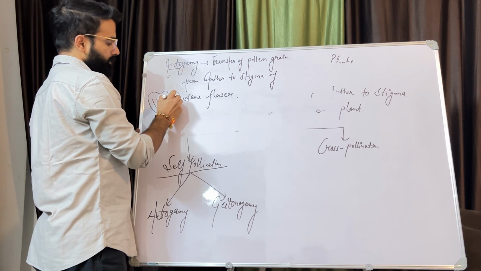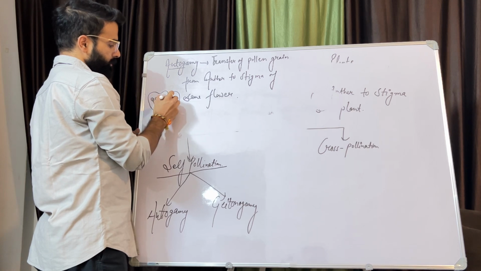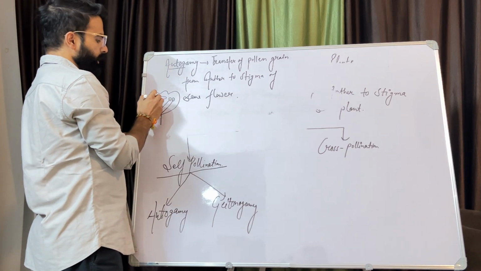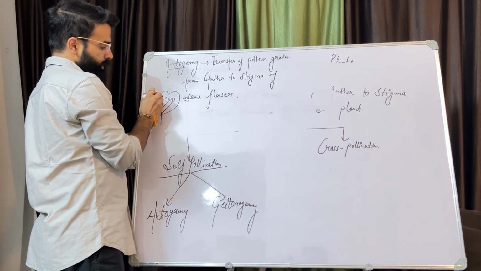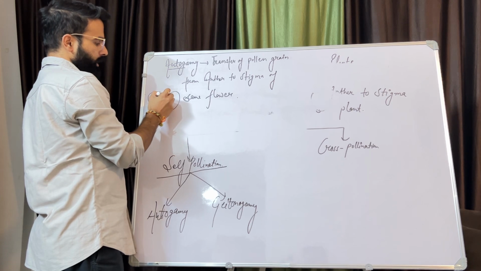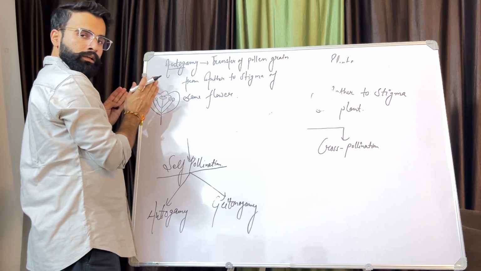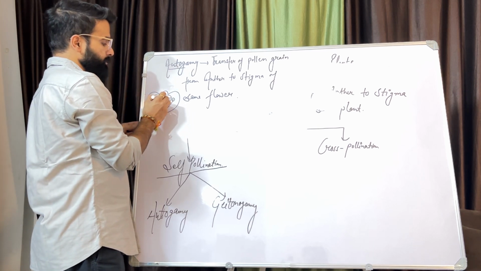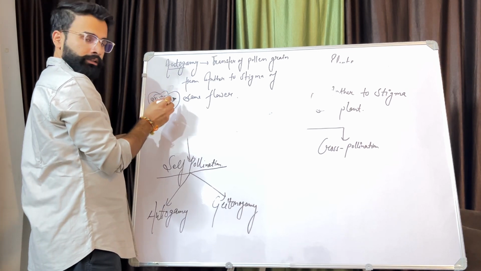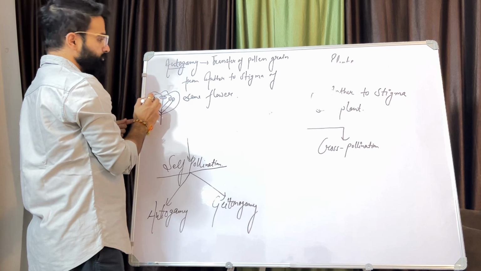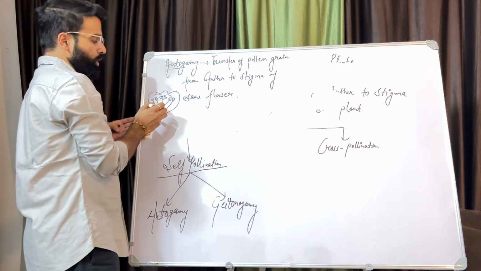This is anther and anther produces pollen grain. When it bursts, pollen grain transfers from anther to stigma. This is stigma, the part of the female reproductive part. Stigma is a receptive part which receives pollen grain from anther. So transfer of pollen from anther to stigma is known as autogamy.